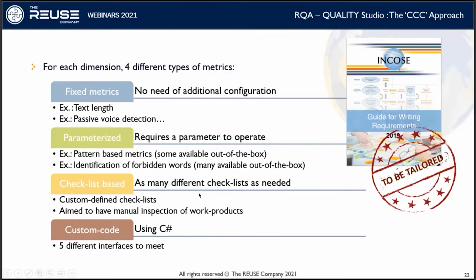In this way, we answer a list of questions, and based on the answers, we end up with a result which has the three levels that I presented earlier, so low, medium, or high. And you have custom code metrics based on C# code that you can also develop in RQA if you want to go beyond the main types here.